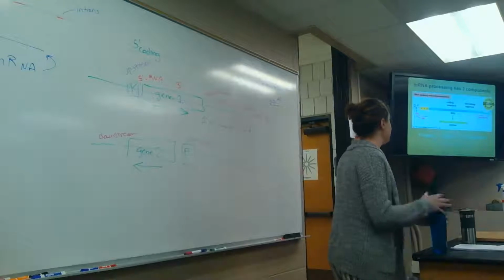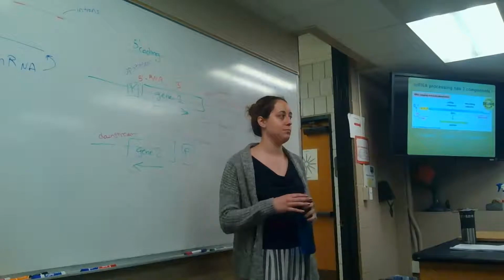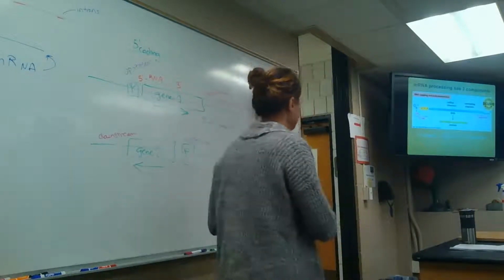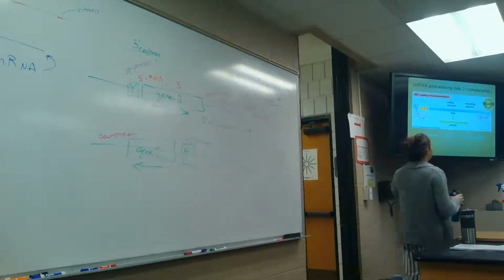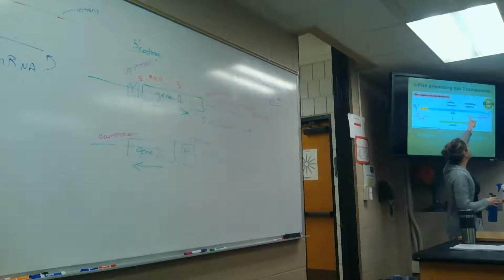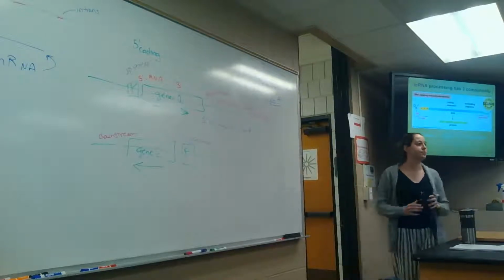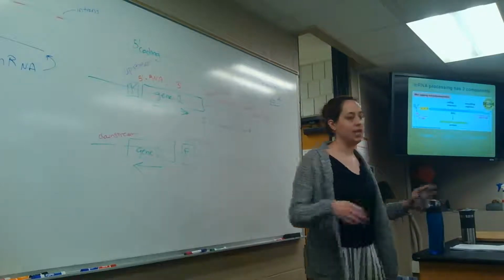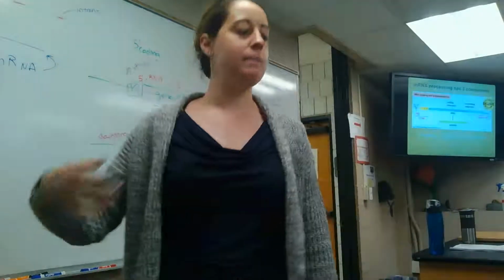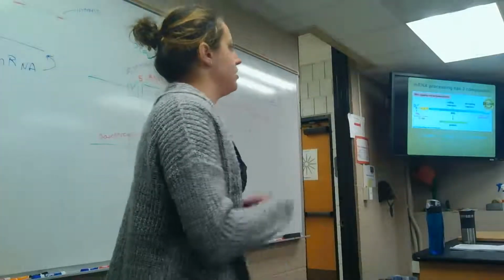And then in the middle, as we said, we only have the protein coding sequence of the gene. There might be some non-coding sequence, but this is not considered an exon. So we only have exons in the mature or processed mRNA. That's what leaves the nucleus.